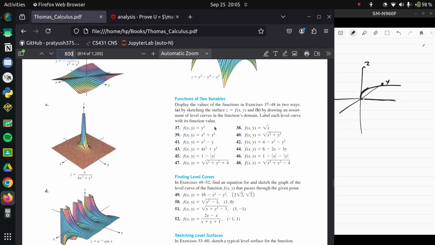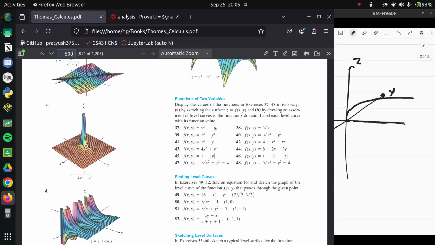For z equal to 1, let's actually make a bunch of points first. This would be z equal to 1, and so on. At z equal to 2, you need to have x equal to 4. So 1, 2, 3, this is 4. So it's like this.